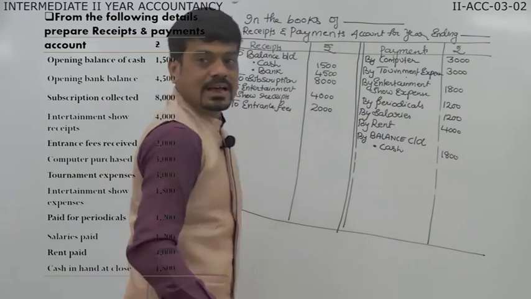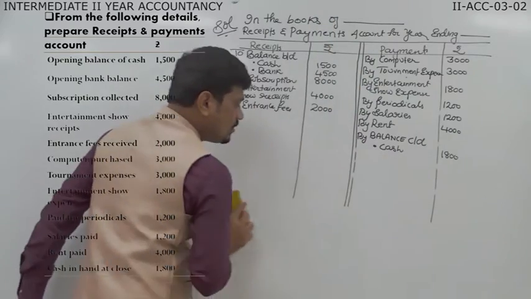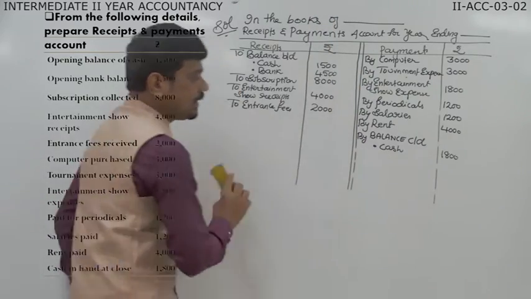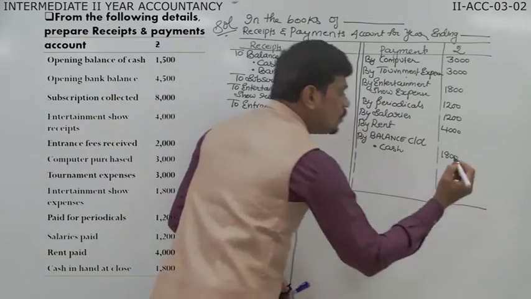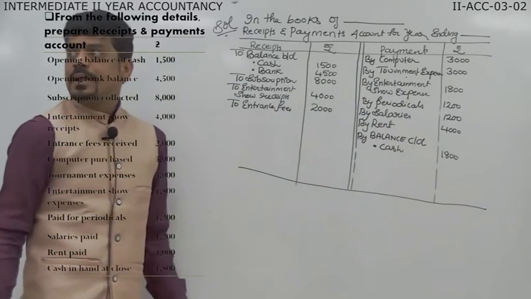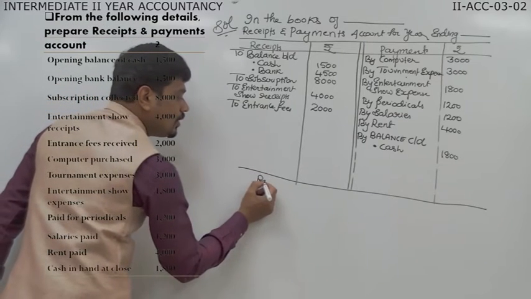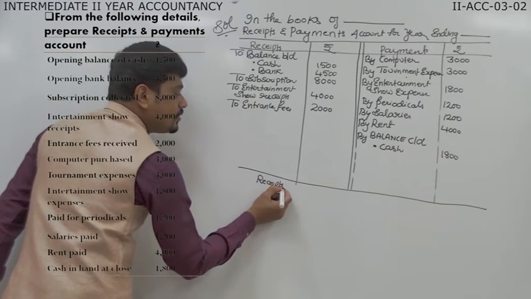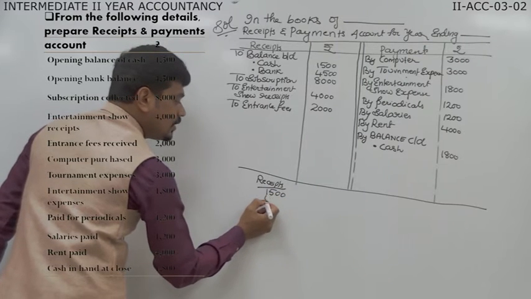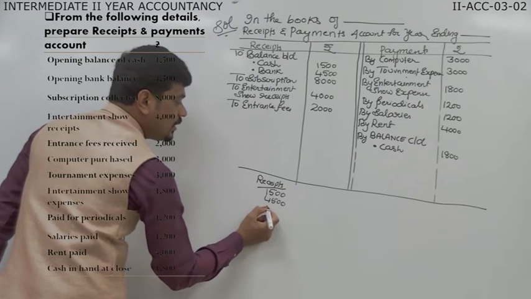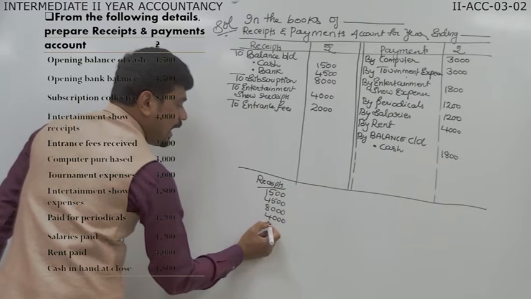Now, having done this, we are going to do the working notes to find how much is the balance of bank. Working notes play a very important role. So how are we going to do the working note? We'll write here receipts and take the receipt figures: 1500, 4500, 8000, 4000 and 2000.